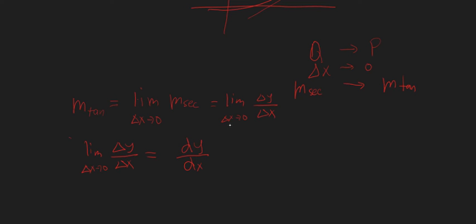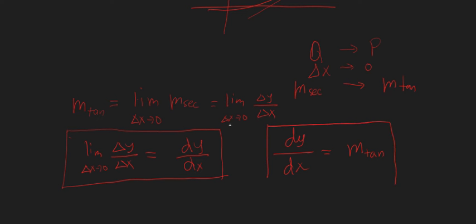And dy dx is just equal to the limit of delta y, the change in y, with respect to the change in x, or that's just the slope when delta x is approaching 0. So dy dx is just equal to the slope of the tangent line. If you want to determine the slope of a tangent line, you just take the derivative of that function with respect to x, and you just need to substitute the value of x to solve for the actual slope of the tangent line.